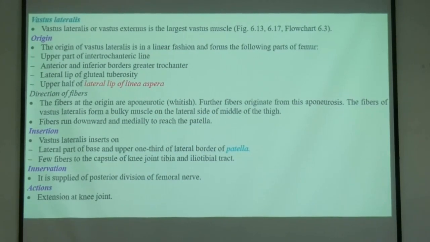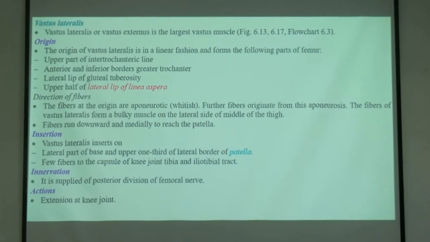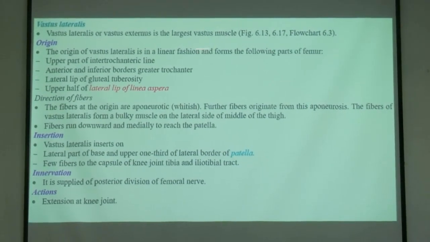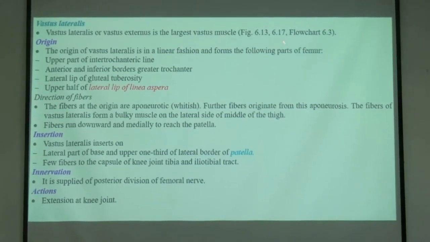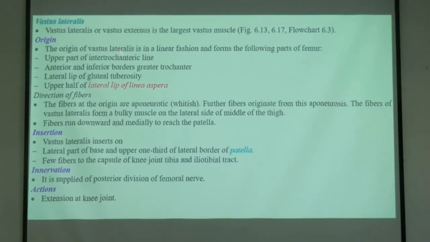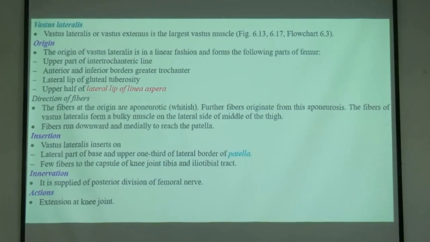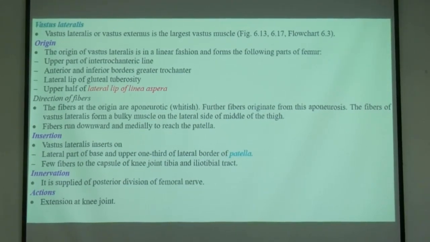Next is vastus lateralis. Vastus lateralis or vastus externus, it is the largest vastus muscle. Origin is important. You can be asked to show the origin of this vastus muscle in the femur. Okay, during femur also it must have been discussed.